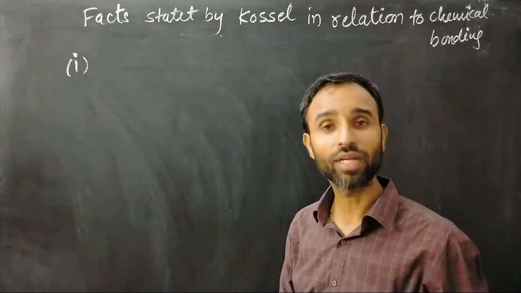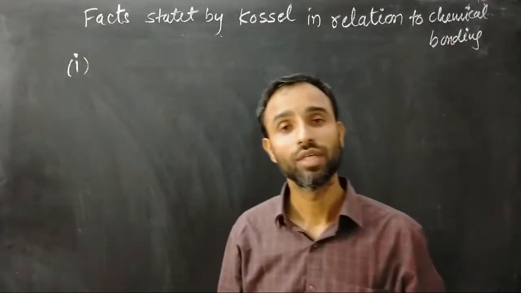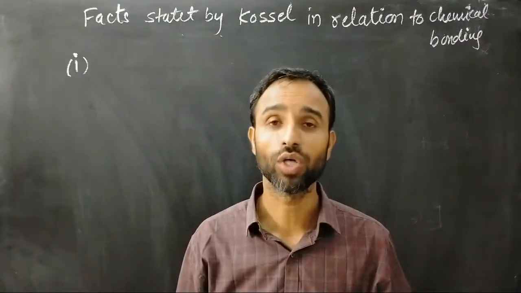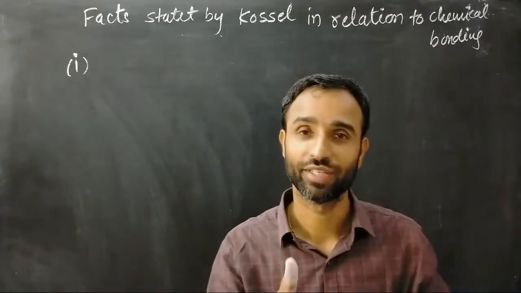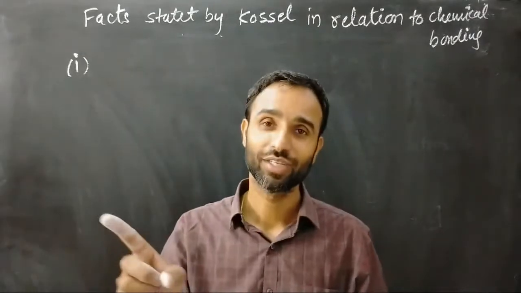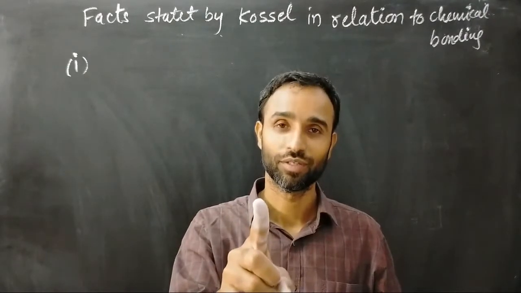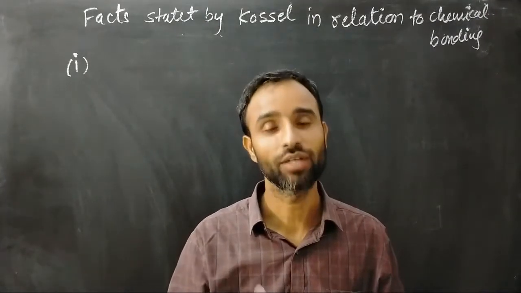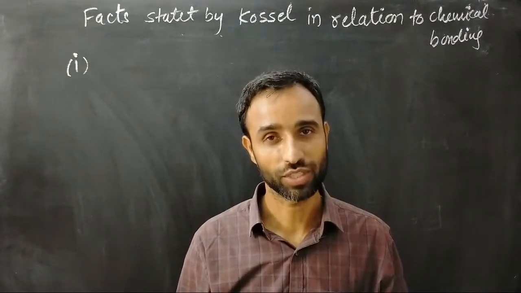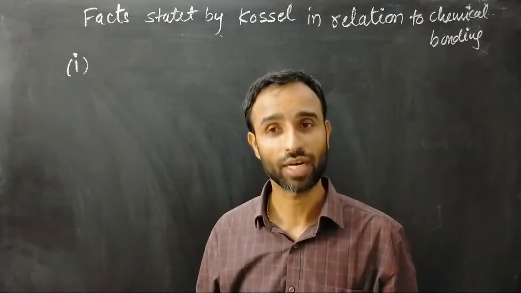Alkali metals are most electropositive, halogens are most electronegative, because halogen needs 1 electron to complete its octet and alkali metals lose 1 electron to attain noble gas configuration. That's why both are most reactive elements.